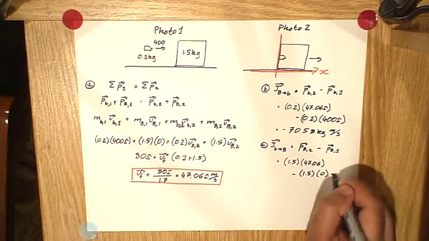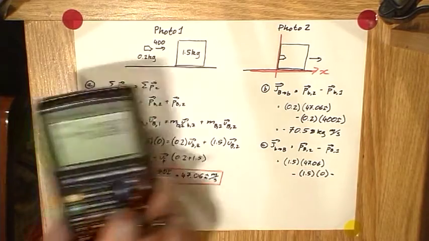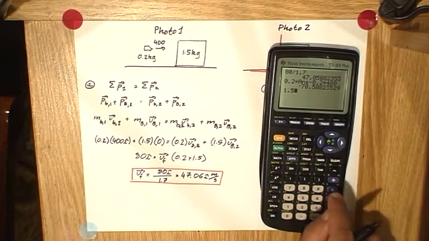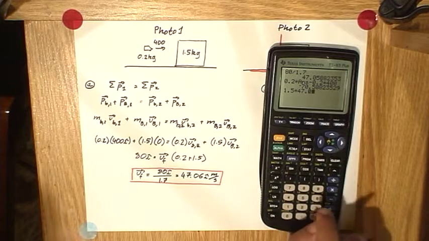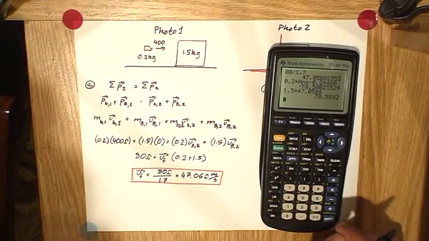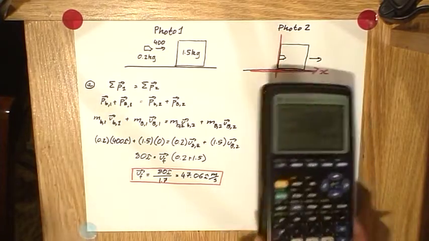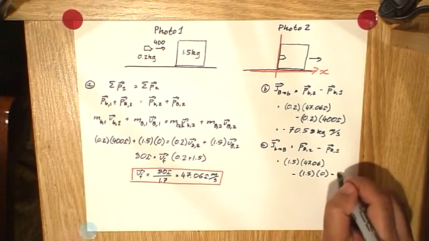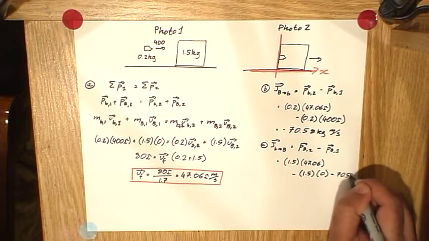So all of this works out to 1.5 times 47.06, or if we want to be really rigorous about it, 70.588. In fact, it works out to exactly the same thing, but positive.